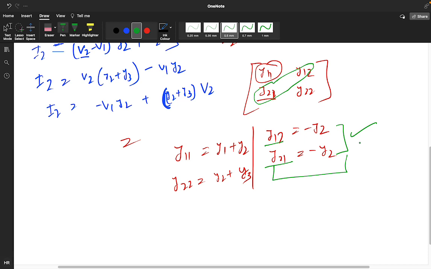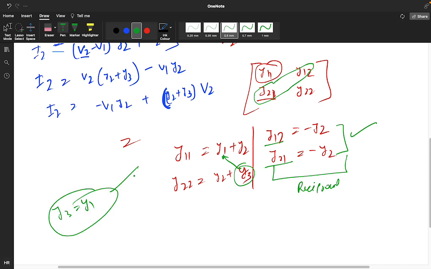Similarly, every T network is reciprocal, and it might or might not be symmetric. For symmetry, it totally depends on the Y3 and Y1 values. If Y3 is equal to Y1, then only the network will be symmetric.